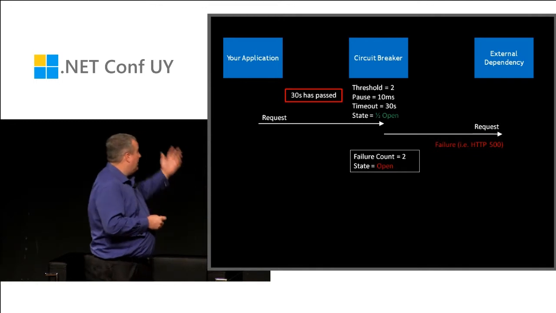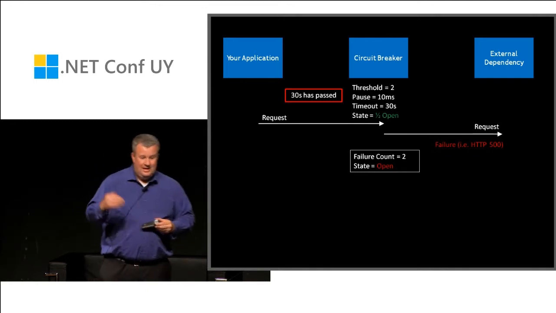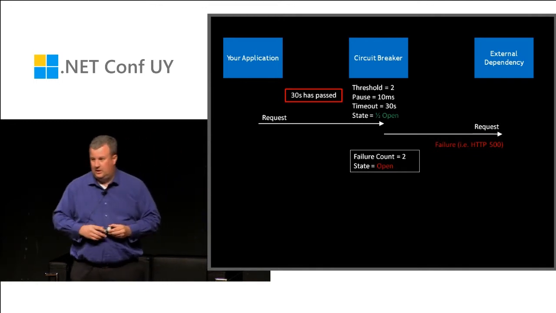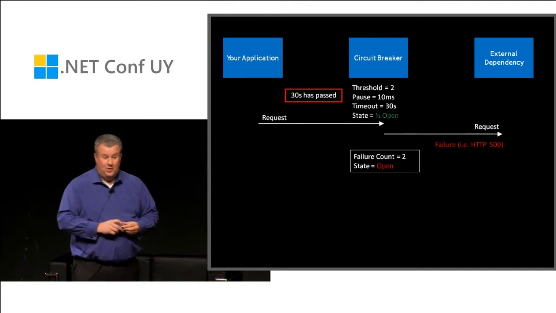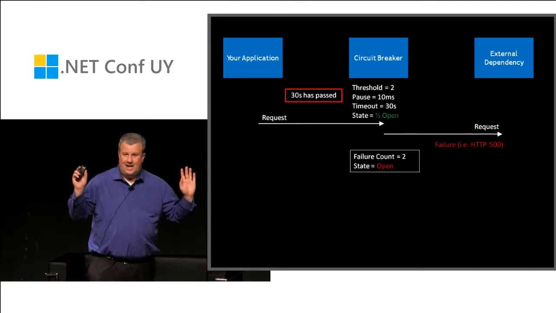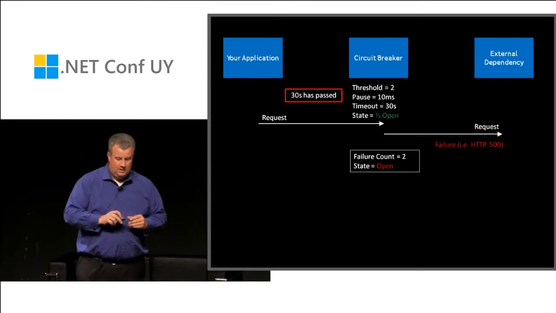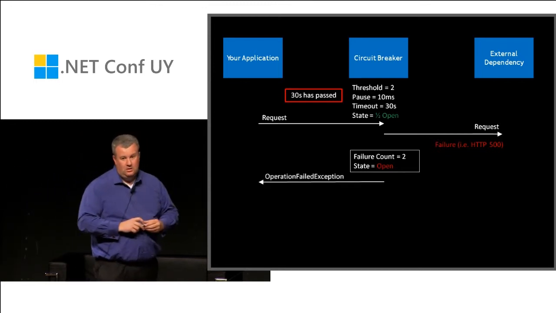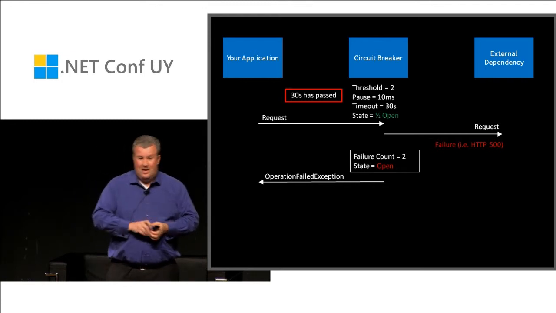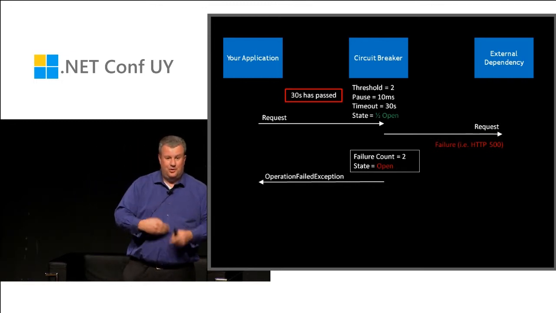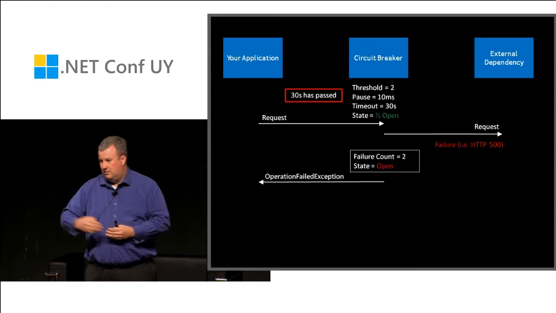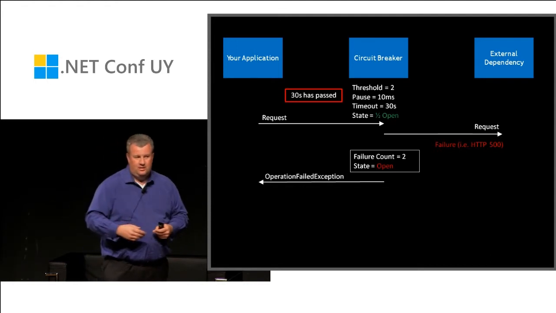And our failure count equals the threshold, essentially, at this point. And the breaker says, I'm going back to an open state because the back-end system isn't ready for you yet. So we throw an exception back out of the breaker. So now we're in the same place we were during that 30-second period. But we tried it. We said, hey, we'll give it a shot.